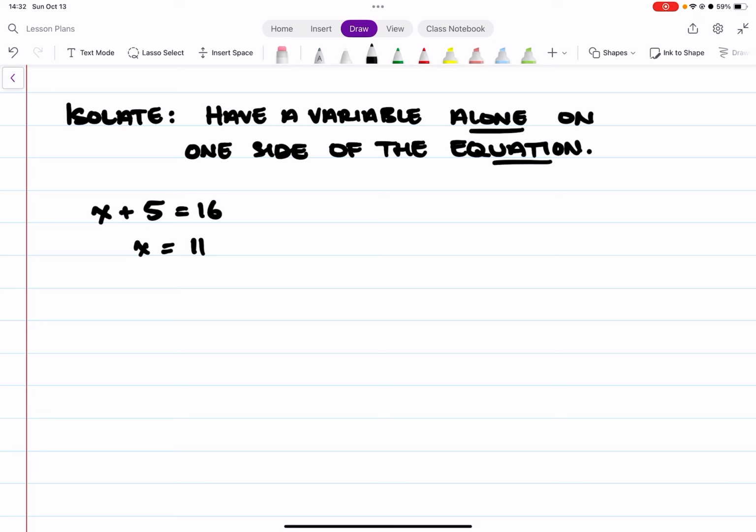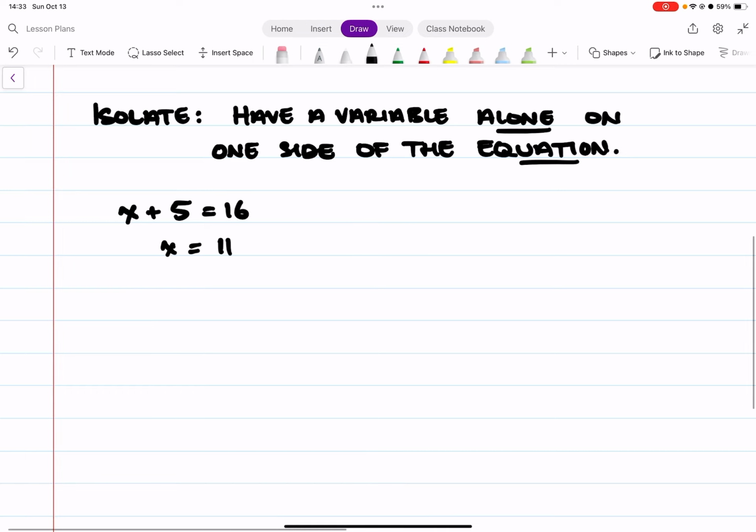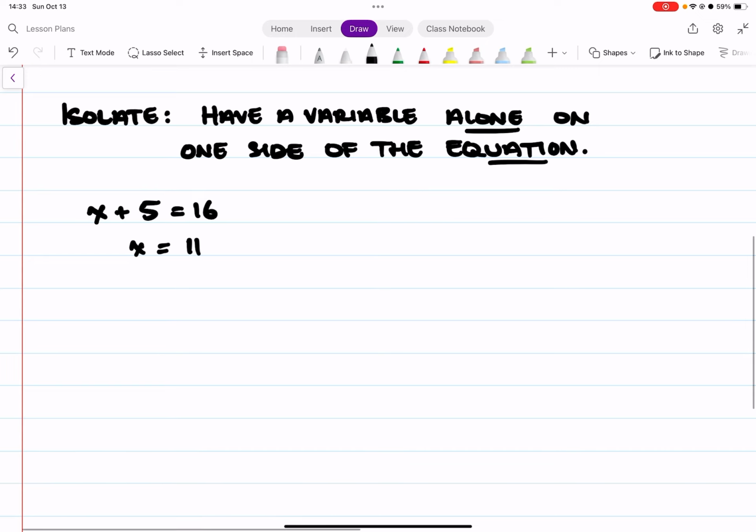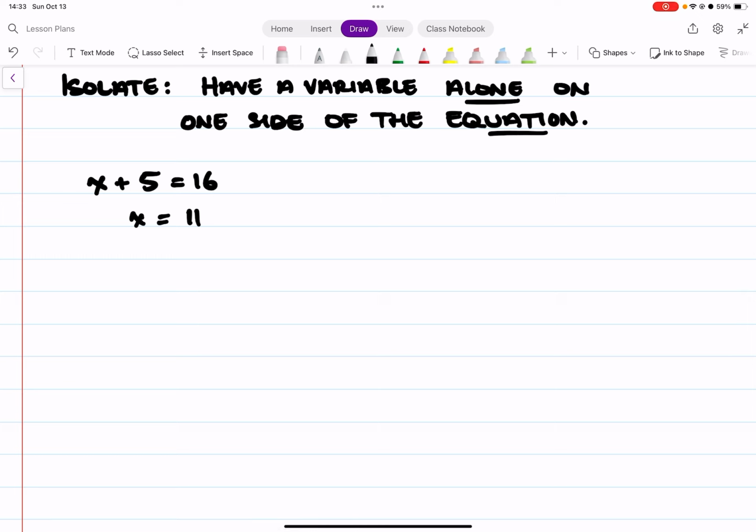All right. Now, the thing is, this works. This method of just intuitively figuring it out works with simple numbers like this. But eventually you're going to come up with more and more complex equations. So what I'm going to teach you is how we can find out what x is equal to through this idea of isolating.